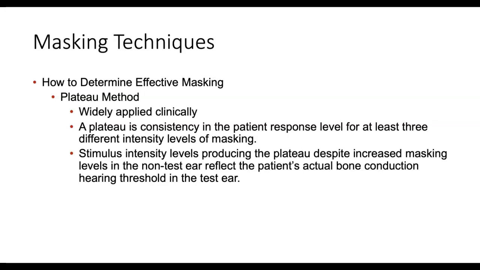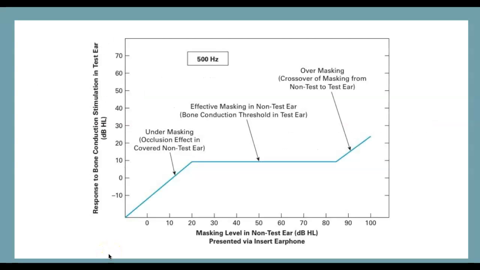So the plateau method is one that we use a lot when we're doing masking. Essentially, this is under masking here. So you have masking level in the non-test ear, 0, 10, 20, and then response to bone conduction simulation in the test ear. And you can see up into about 20 dB, there's no change.